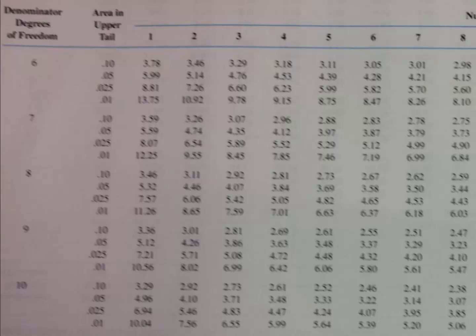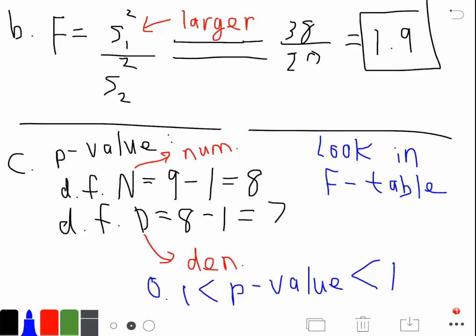The reason why I know it's between 0.1 and 1 is because that 1.9 goes past the 0.1, and since it doesn't list any other alpha values, we're going to shoot ourselves all the way up until that 100% mark, which is 1.